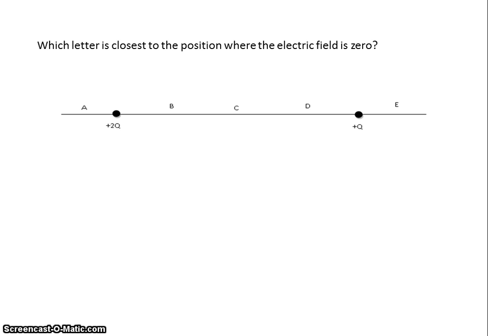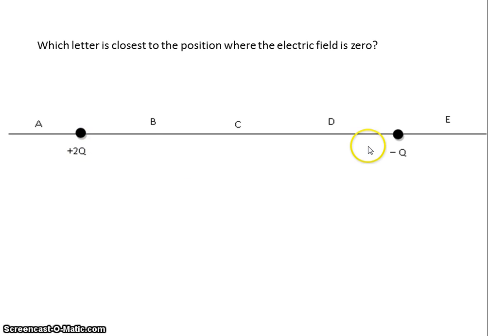The next one they looked at was positive 2Q and negative Q, and where that electric field is 0. And again, students were thinking about the electric field vectors over here on this side, over here in the middle, and here on the far right.